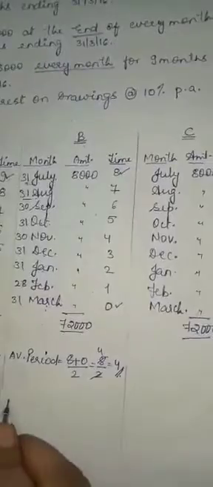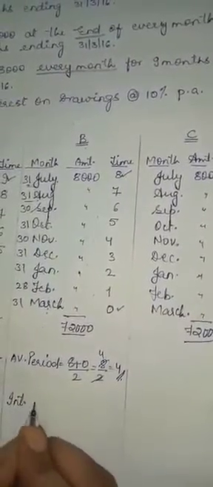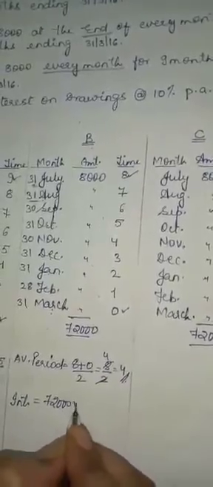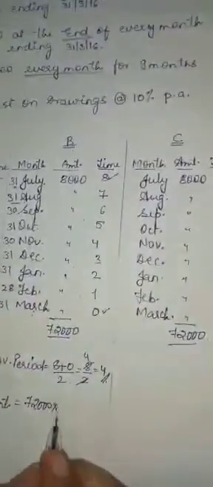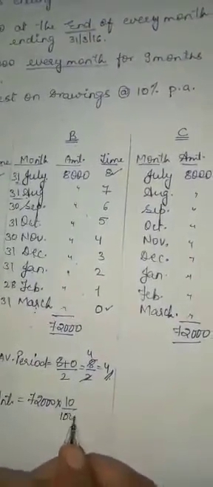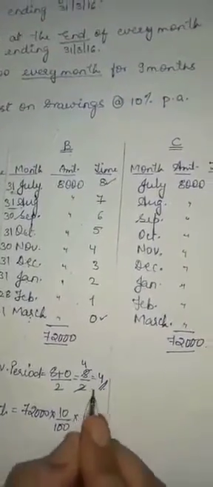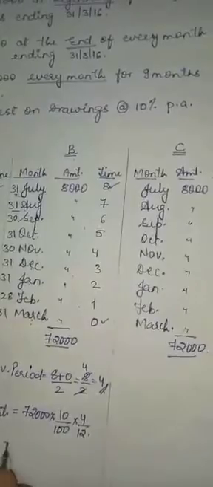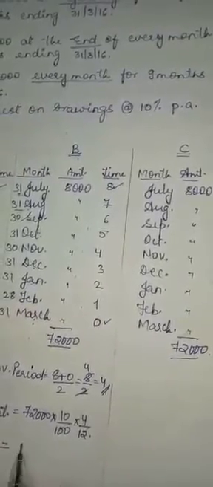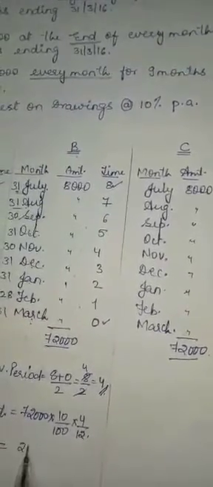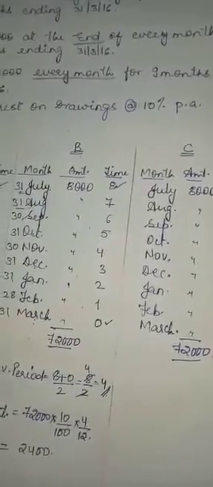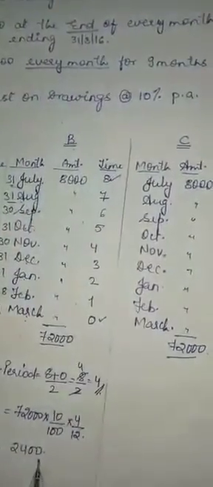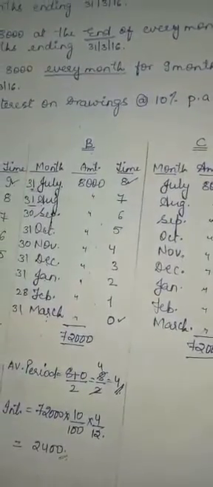Now we will calculate the interest. Interest is equal to the total amount withdrawn, 72,000, and the rate is 10%, that is 10 by 100, and the average time period is 4 months, 4 by 12. So which is equal to 2,400. So interest on the drawings of B will be 2,400 rupees.